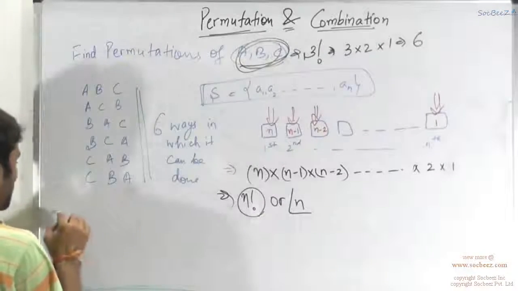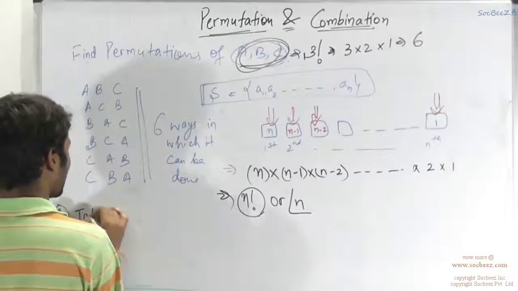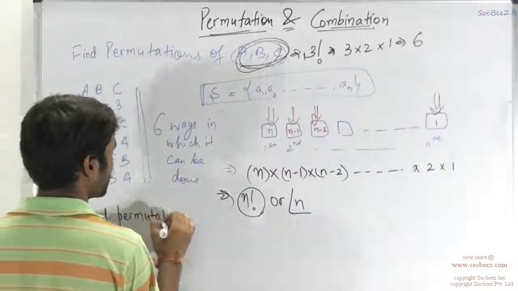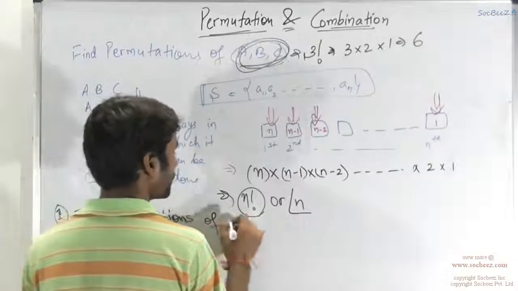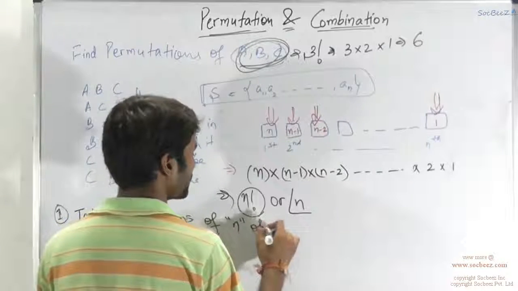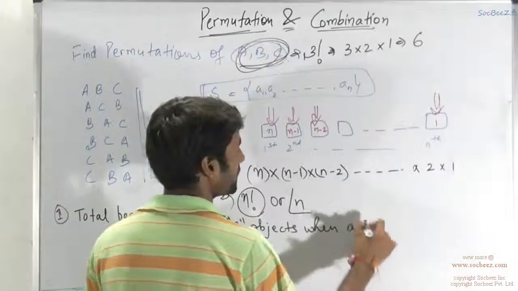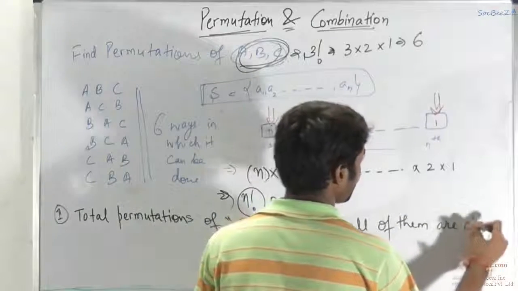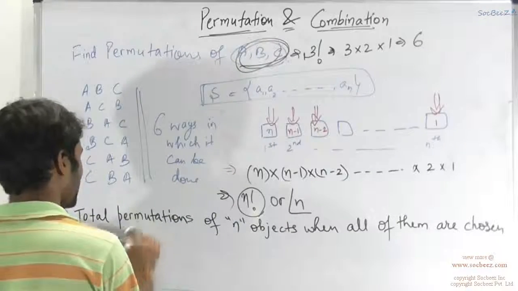So we got the first law as: total number of permutations of n objects when all of them are chosen is equal to n factorial.